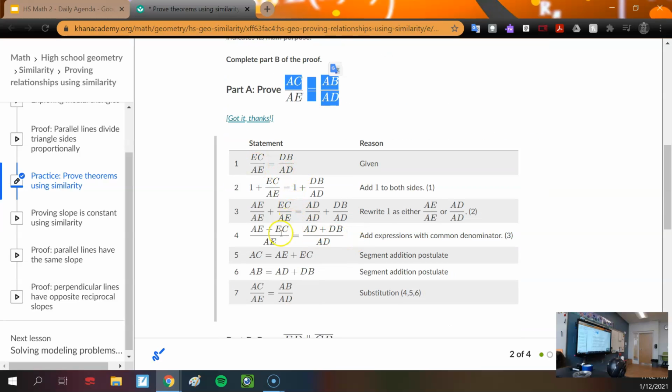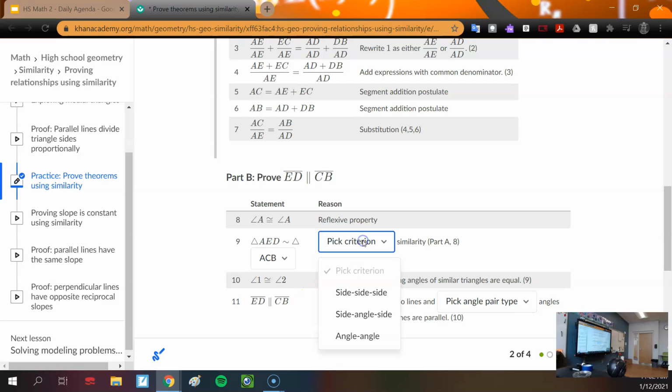We talked about the sides. Is there any other angle referenced up here? No, it's all sides. So if there's only one angle that's ever been referenced, can it be angle, angle? No. So we have side, angle, side as our similarity proof.